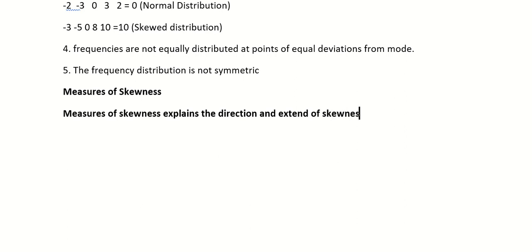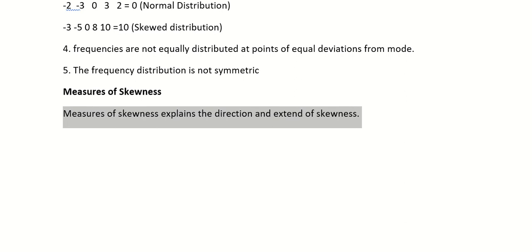Basically, direction is whether it is positively skewed or negatively skewed, and extent is how much the data is skewed: hugely skewed or moderately skewed. So a measure of skewness will tell you the direction, either positively or negatively skewed, and the extent will tell you how much skewed it is.